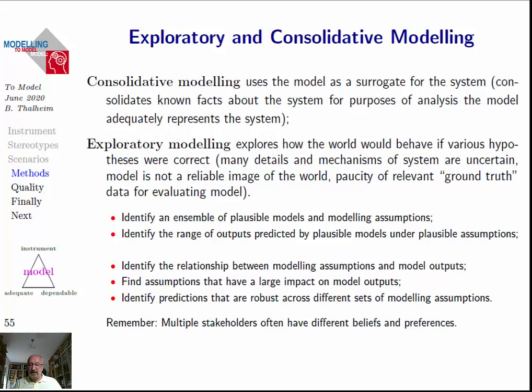In this case, you have again a number of methods. Identify an ensemble of plausible models, identify the range of outputs, identify the relationship between modeling assumptions and modeling output, find assumptions, and identify predictions.